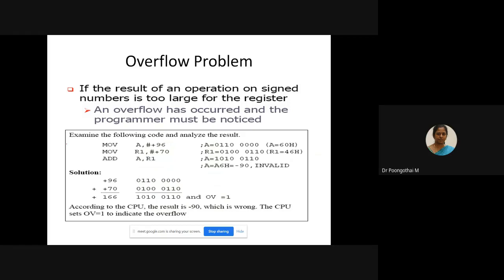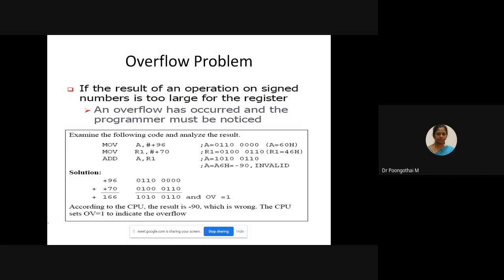In signed arithmetic operations, there is a problem involved during the execution of addition and subtraction instructions. That problem is overflow. When the result of an operation on signed numbers is too large for the register, the overflow flag will be set.